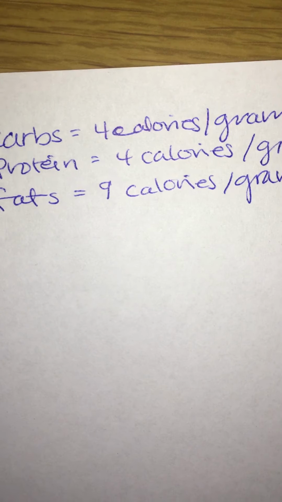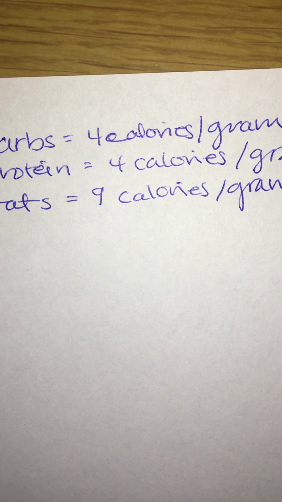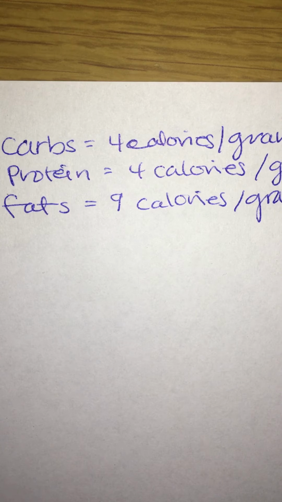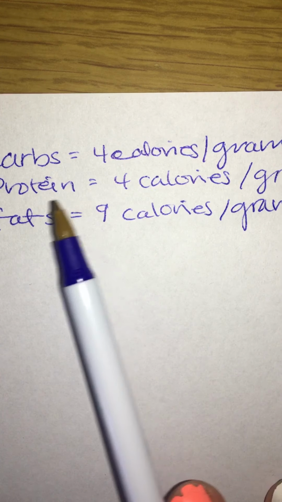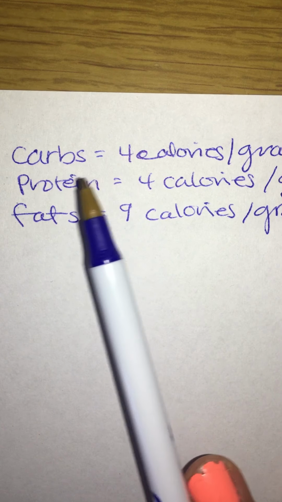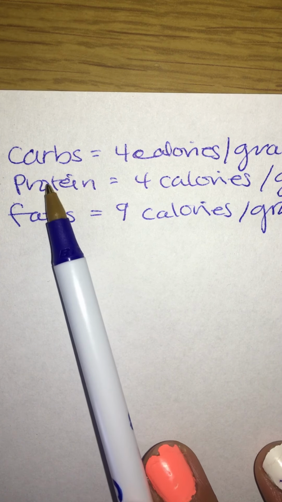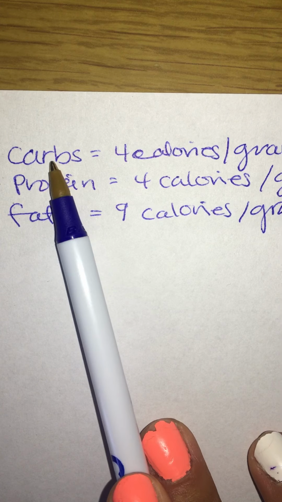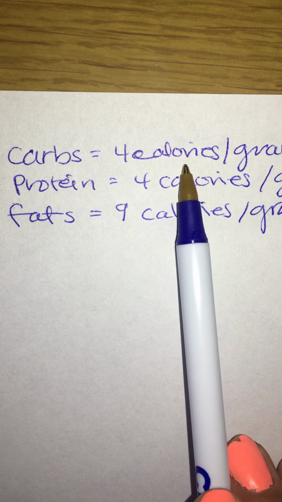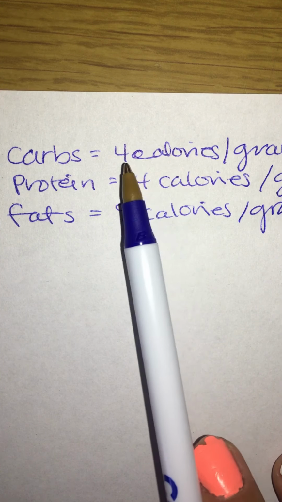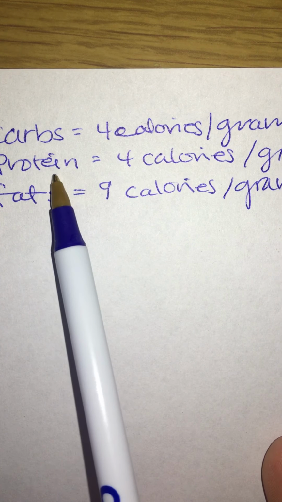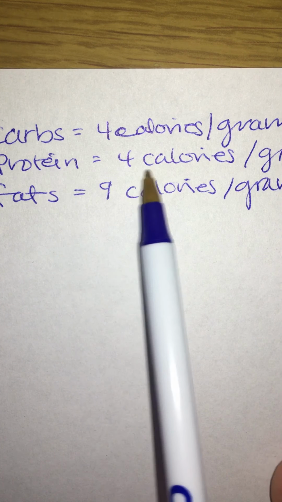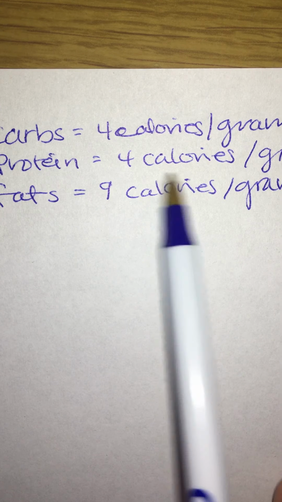So in the video macronutrients, it gives you these values. For carbs, for every gram of carbs you eat, we get 4 calories. And then for every gram of protein we eat, we get 4 calories.